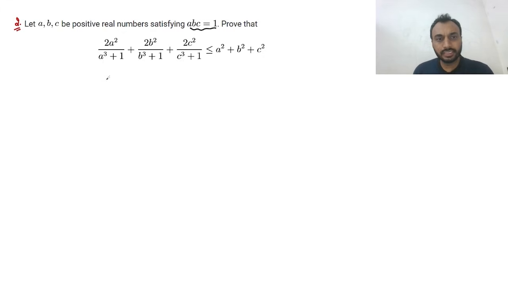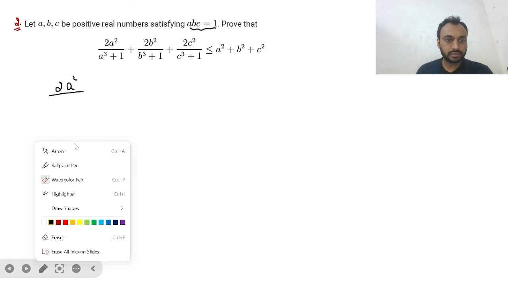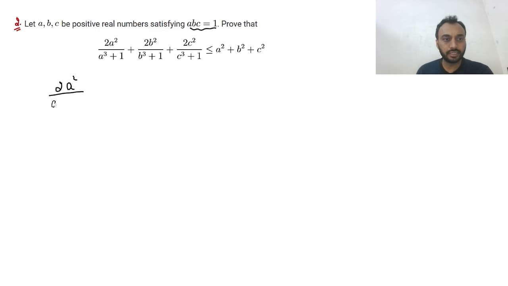So the first thing we can try is to make the denominator something good, like a cube plus 1 is there, and we can put 1 as abc. If I pick the first expression, it is 2a square by a cube plus 1. If I put 1 as abc and take a common, we can cancel out that a, and we get 2a by a square plus bc, right?